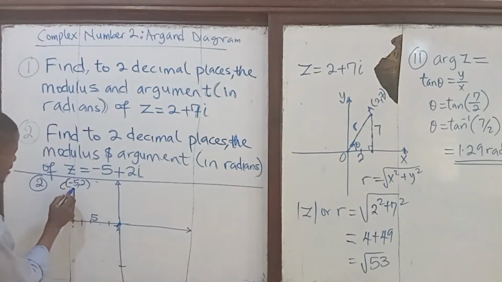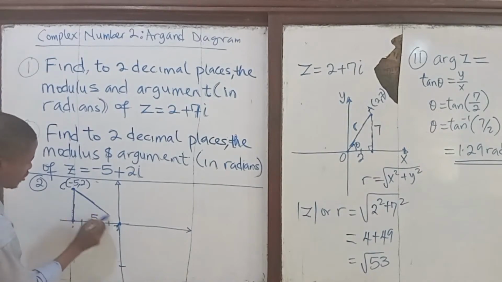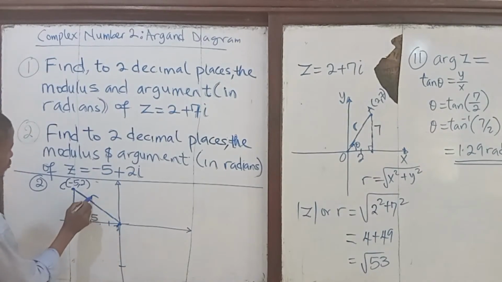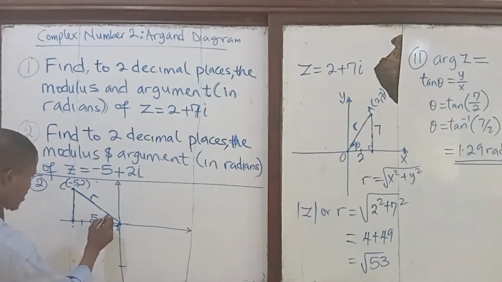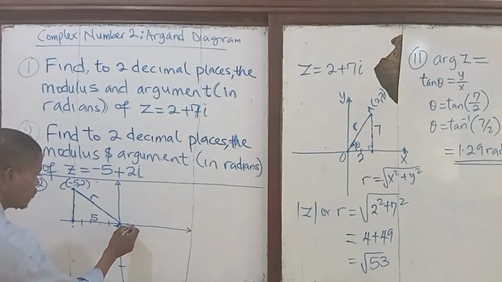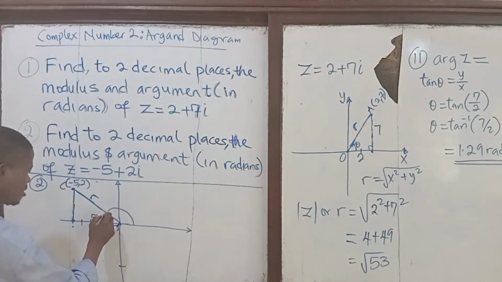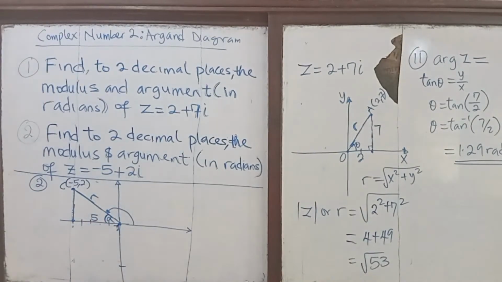Then you connect the points to the origin. So this is your modulus, and the theta will be here. You move counterclockwise. This will be your reference angle, which you can call alpha.